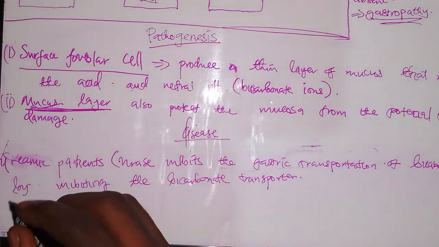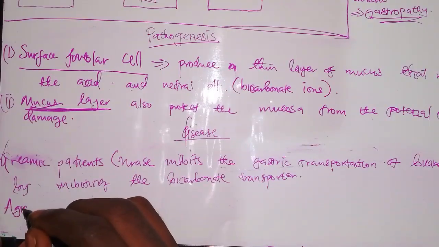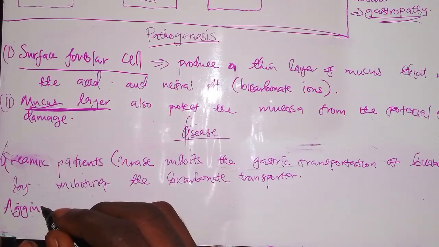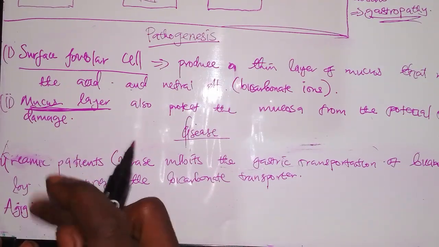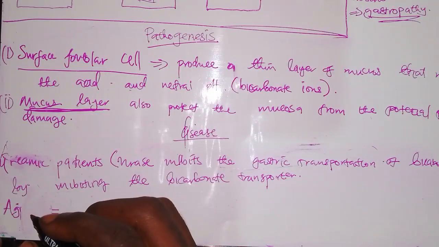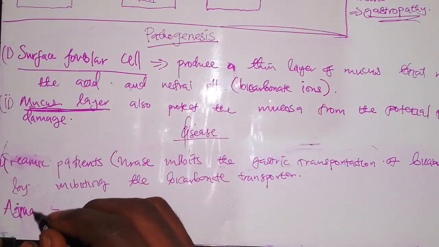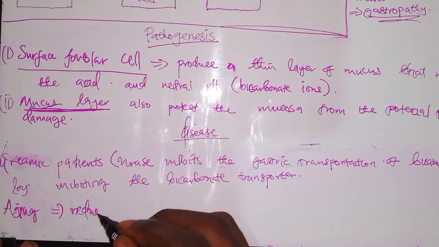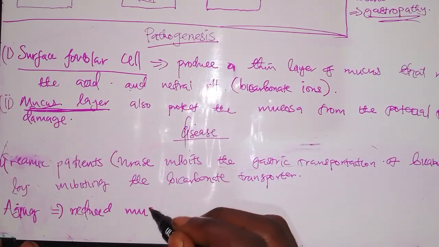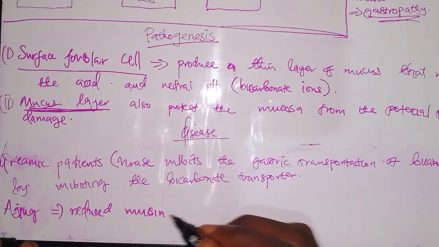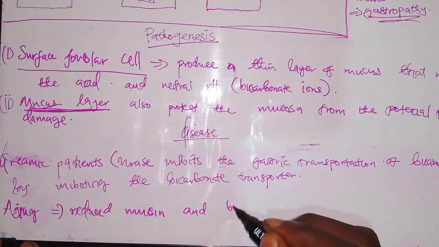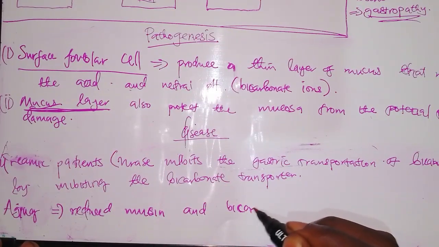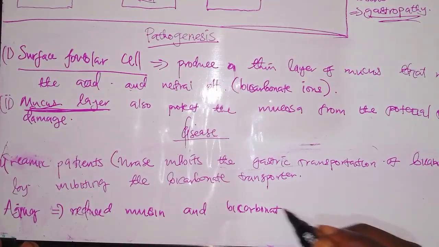Yeah, so the third one we say is aging, which is associated with reduced mucin and bicarbonate production.